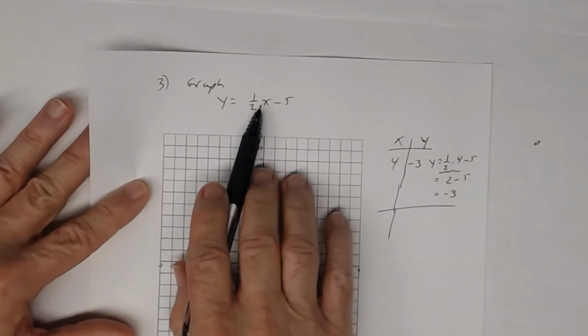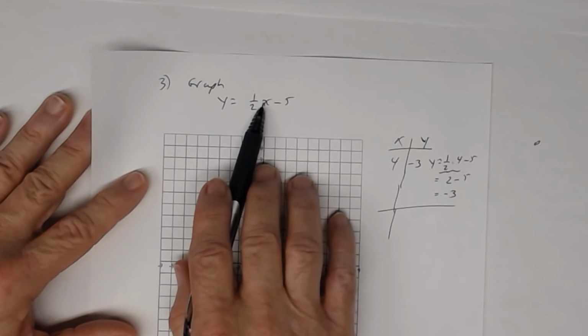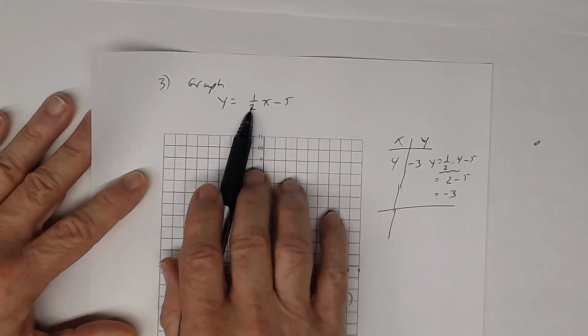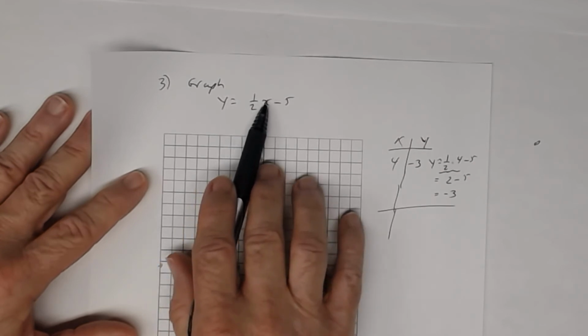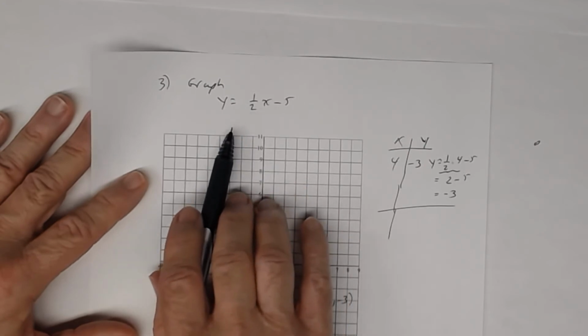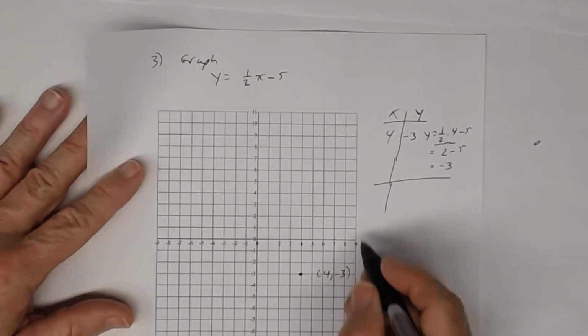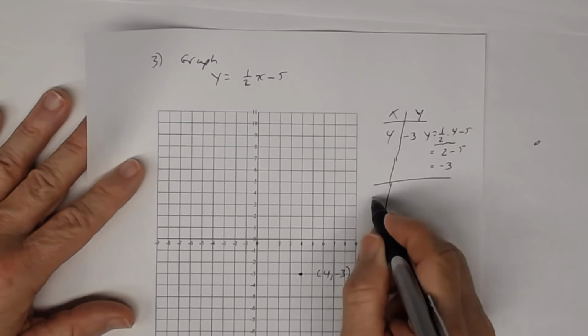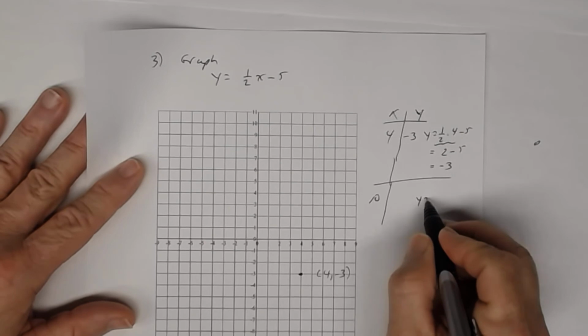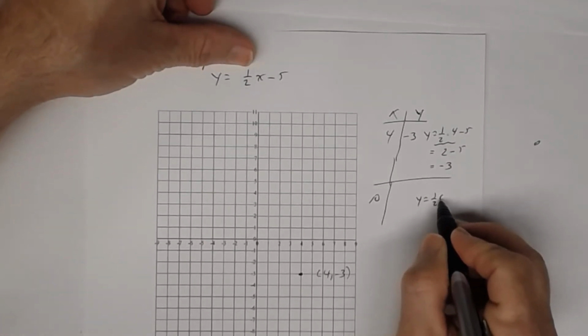Okay, now let's do another one. So remember, you're substituting for x, you're multiplying it by a fraction, so look at the denominator. Always look at the denominator. You want to choose a number for x that's divisible by 2. Well, that's easy because any even number is divisible by 2. So for example, if you use, let's say, 10, I get y equals 1/2 of 10.